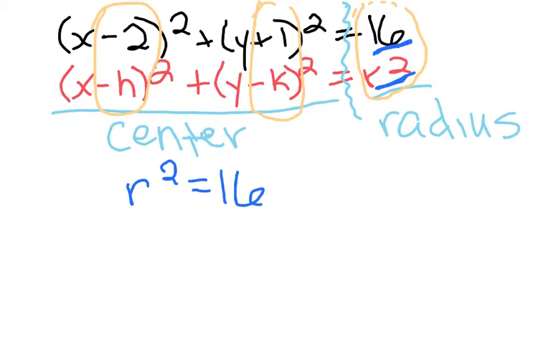And that's pretty much the hardest part. I'm going to take the square root of the left-hand side, take the square root of the right-hand side. The square root of r squared is r, and the square root of 16 is 4.